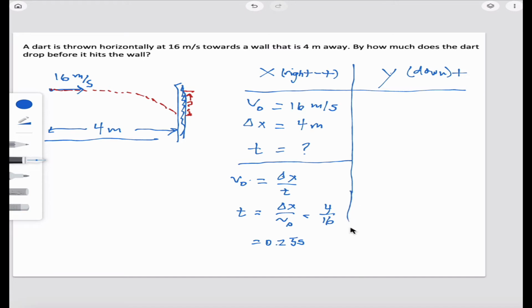Now in the vertical, we also know the initial vertical velocity. Even though it's going to start falling almost instantly, at the initial moment, there is no vertical velocity. And we also, of course, know that acceleration is positive 9.8 meters per second squared.